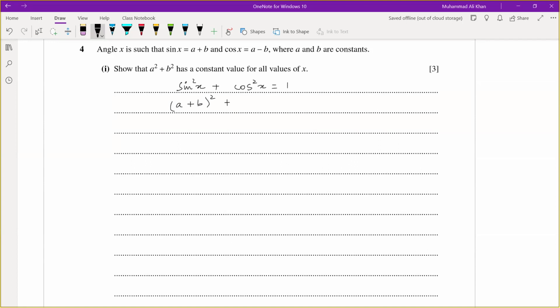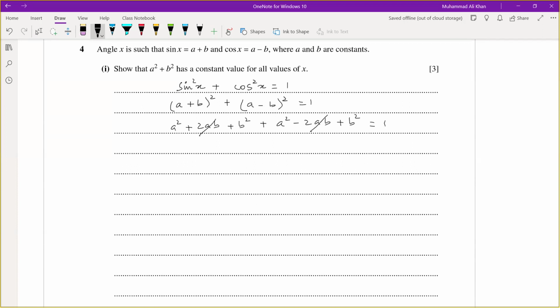The value of cos x is a minus b. So (a plus b) whole square plus (a minus b) whole square equals to 1. Expand the bracket, a square plus 2ab plus b square. Expand the bracket, a square minus 2ab plus b square equals to 1.